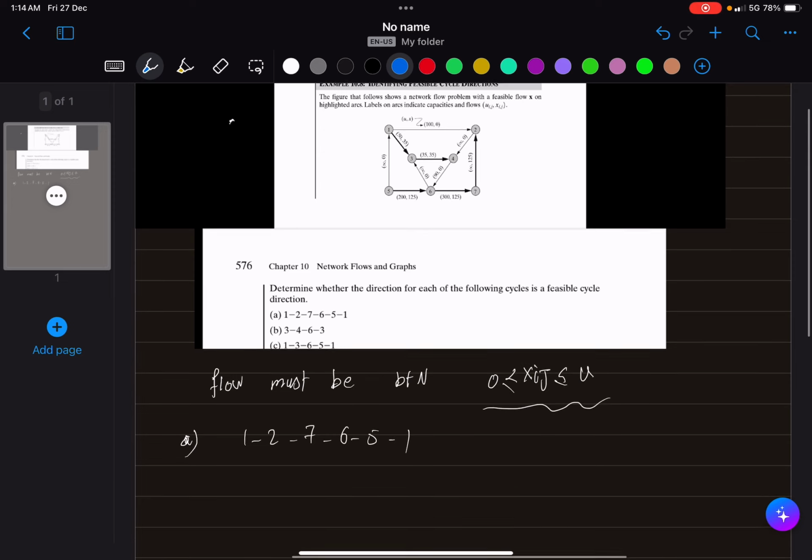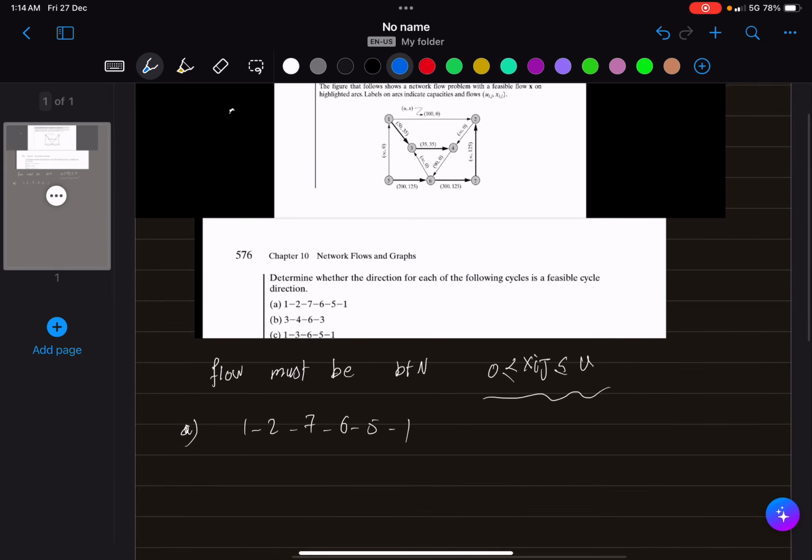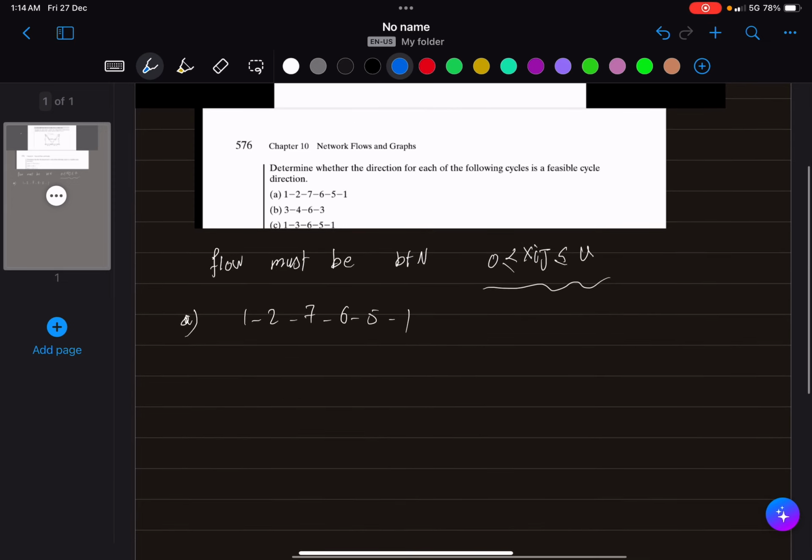Between brackets, as mentioned here, u and x, where u is the upper limit and x is the flow.